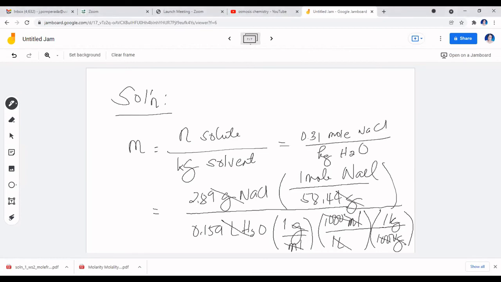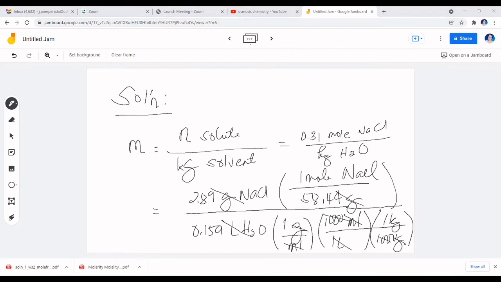So notice the units that appear in our molality: moles of solute per kilogram of solvent. Okay, so 0.31 mole per kilogram solvent. Okay, any questions so far? Okay, if there's none, we proceed with the last two.